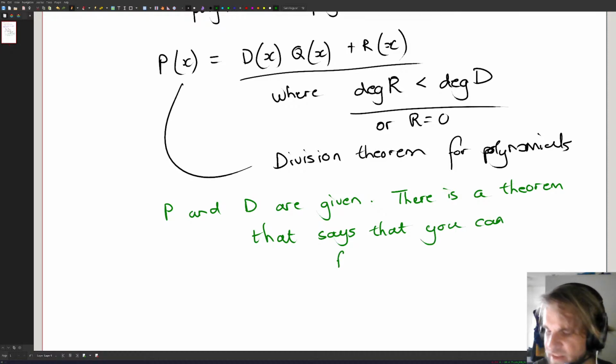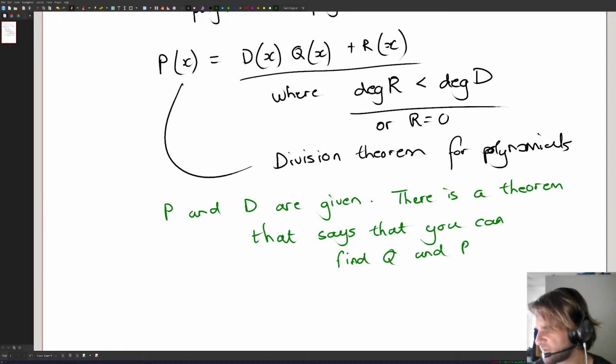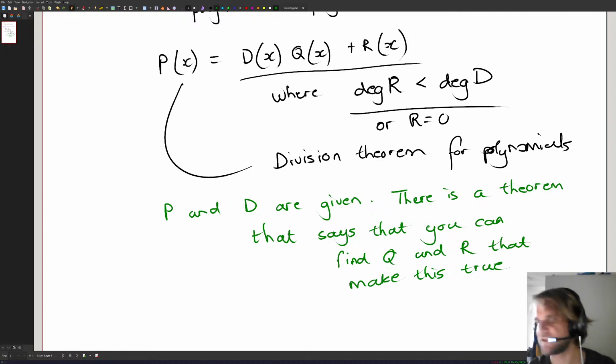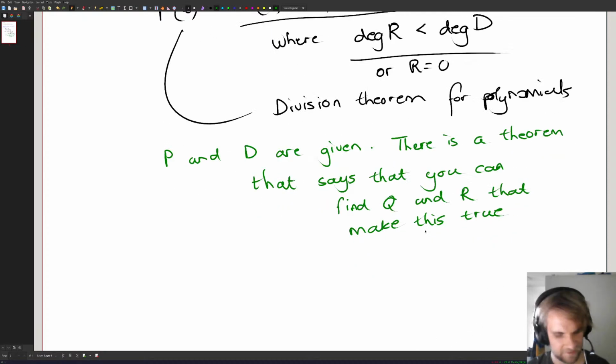So P would be that x to the 52 plus 201x, and the D is the x plus 1 that we're dividing by. And they mean that you get the same polynomial on both sides of this thing.